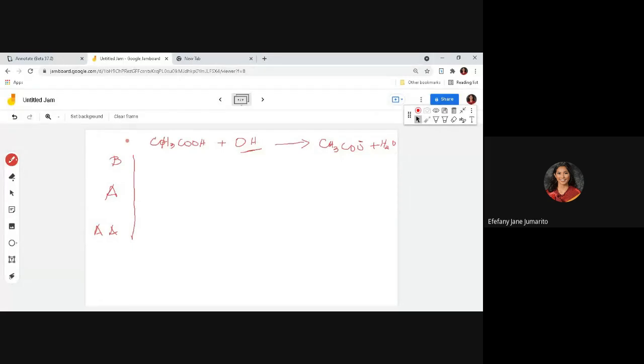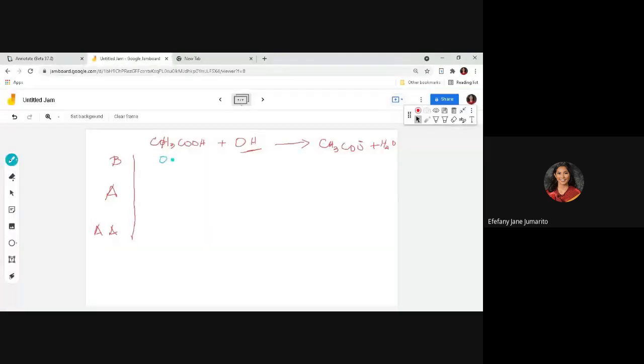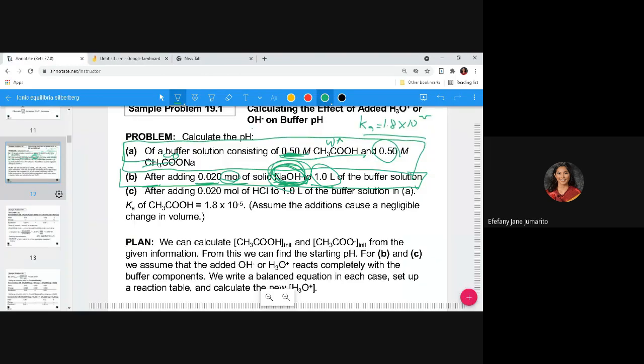We have initial. Before we add, initially, the concentration of our acetic acid is 0.50 molar. Then before we add, we have 0 here, and then we also have here 0.50.